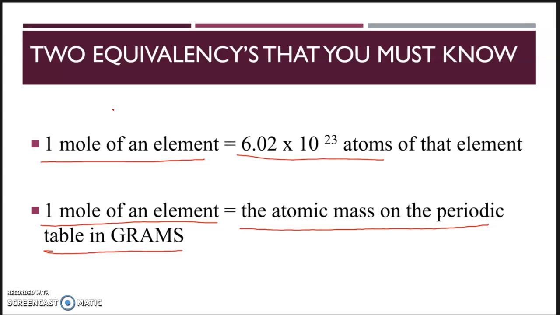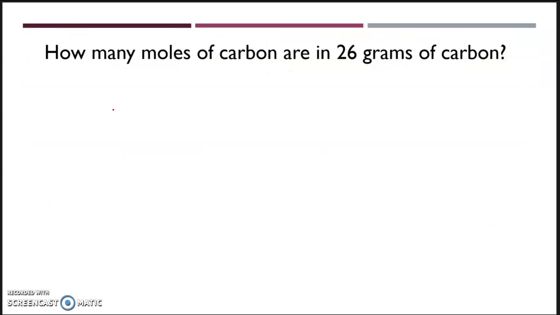And the way we're going to convert units is using dimensional analysis. Okay, let's get started. I want to know how many moles of carbon are in 26 grams of carbon. Just like before, when you did dimensional analysis, we start with our given, which is 26 grams of carbon.